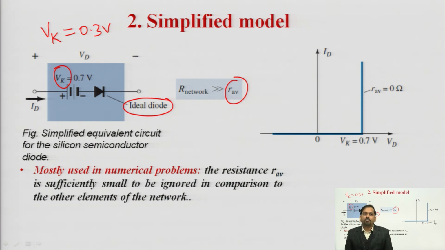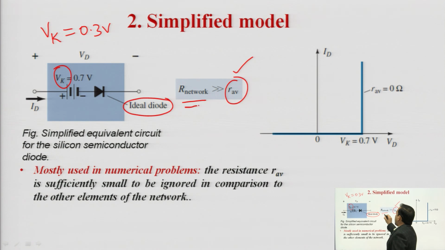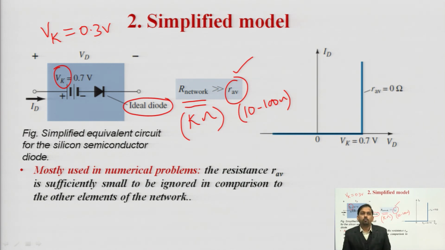Why have we neglected it? We assume that Rav is very small in comparison with the other resistances in the network. The other resistances in the network are of the order of, let us say, kilo ohms, and Rav is quite small, maybe 10 to 100 ohms, so we can neglect it.